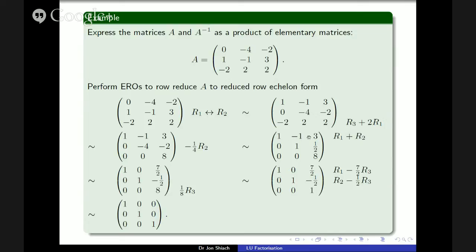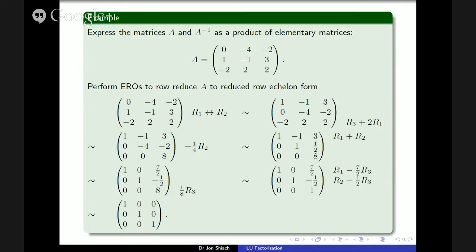So if I add row 1 and row 2 together, that'll go to 0, and I get this matrix. Now my pivot element is 8. If I take 1/8 of row 3, that changes the pivot element to 1. Apply row operations to the 2 rows above, and eventually I get down to the identity matrix. So that's reduced row echelon form.